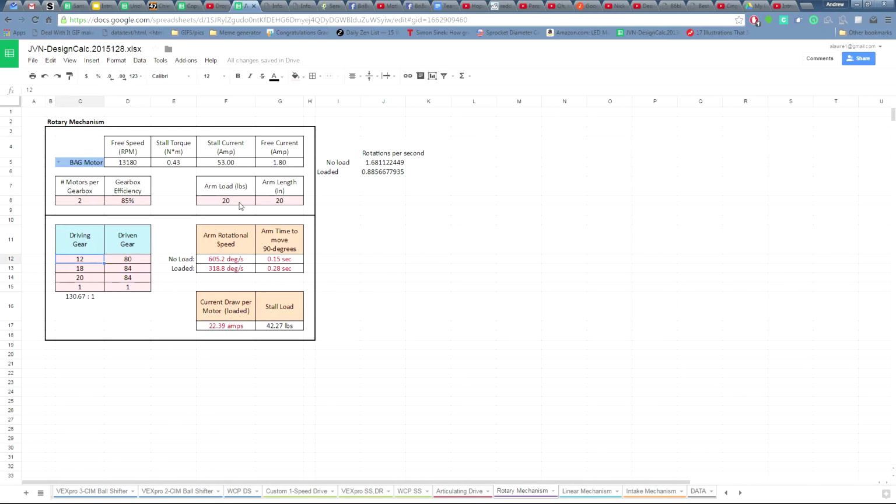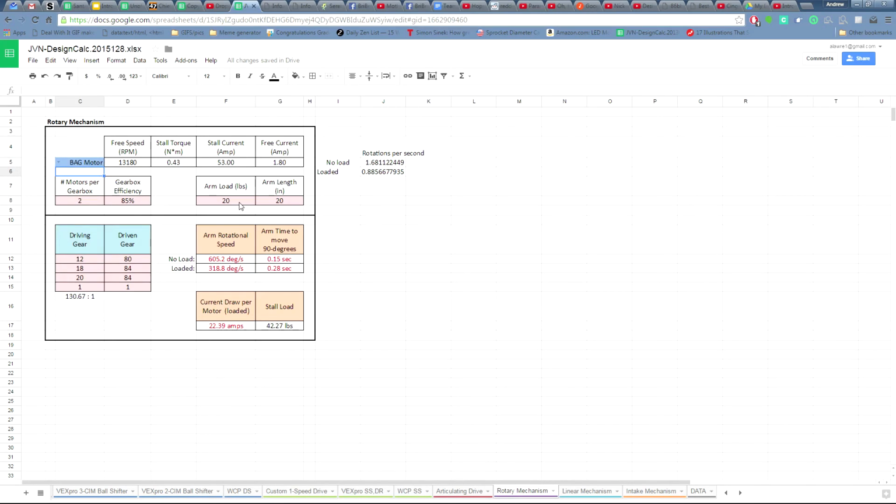So as you can see, I'm going to put quite a bit of gearing into this to get it pretty decent. Bag motors are good for arms. I don't prefer them. I'd probably put a 775 Pro, because these days you just put that on everything. Or you can put a mini sim, that works too.